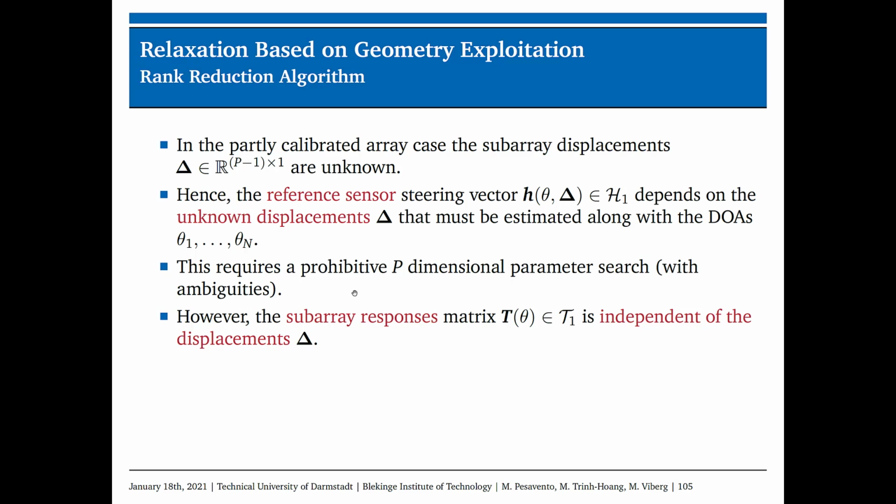We search for the directions of arrival of a single source and additionally p-1 subarray displacement parameters. Furthermore, ambiguities may exist in the reference steering vector. Different displacements may yield the same steering vector.